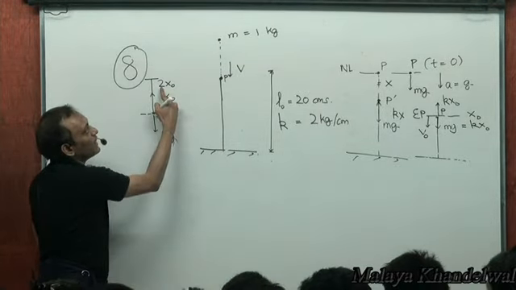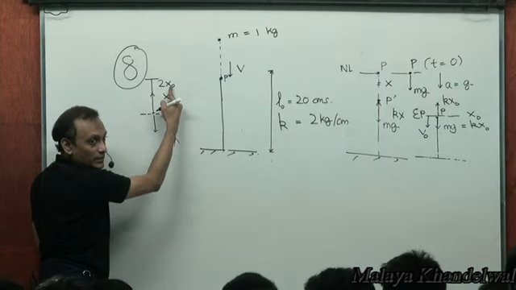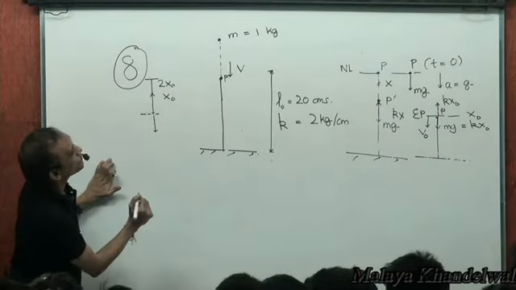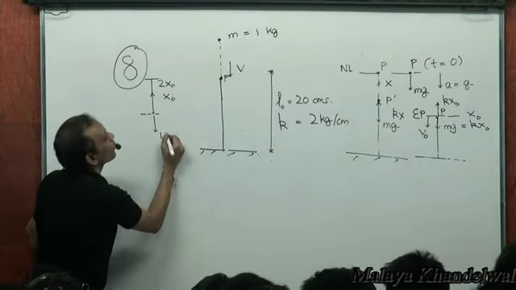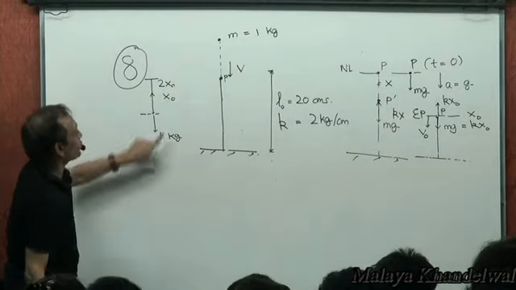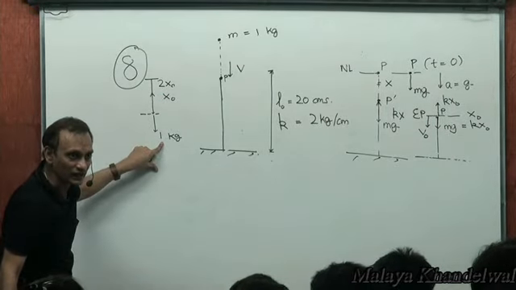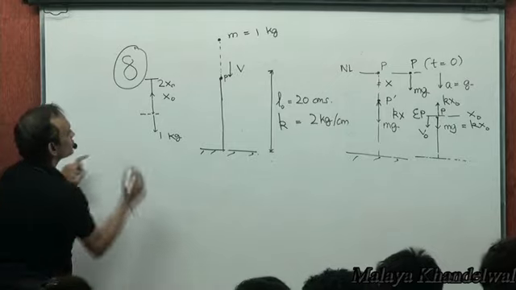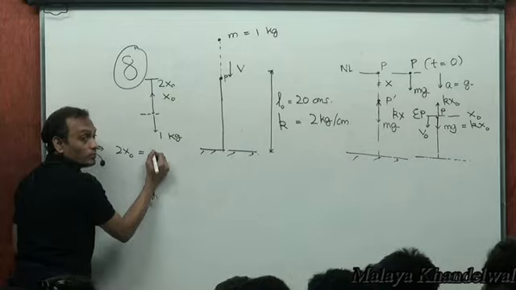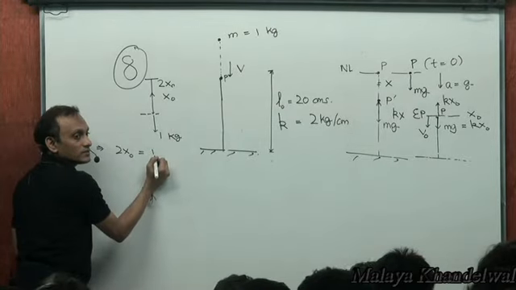This is in kilograms, because kilograms per centimeter into centimeters. And mass is how much? 1. So 2x naught kilograms is balanced by 1 kilogram. Yes or no? So that gives me 2x naught equal to 1.